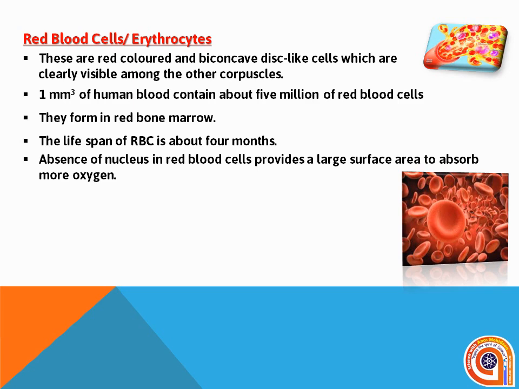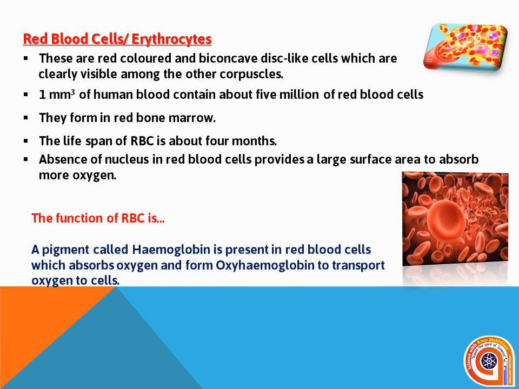Because the function of red blood cells is the transportation of oxygen towards the cells. There is a pigment called hemoglobin present in red blood cells which can absorb oxygen and form oxyhemoglobin to transport oxygen to cells. One molecule of hemoglobin can combine 4 molecules of oxygen.